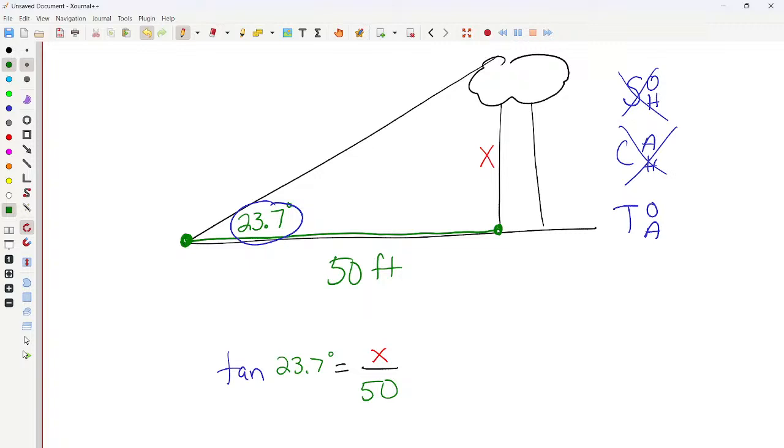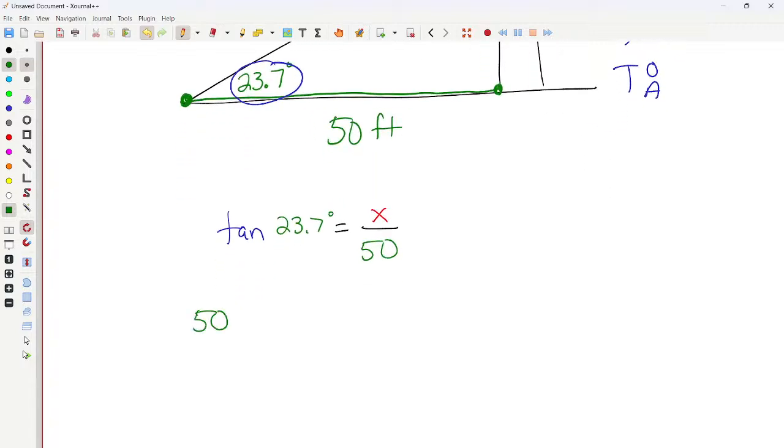The right-hand side is a ratio. It's X divided by 50. What undoes division? Multiplication. So if we multiply both sides by 50, we've solved for X.